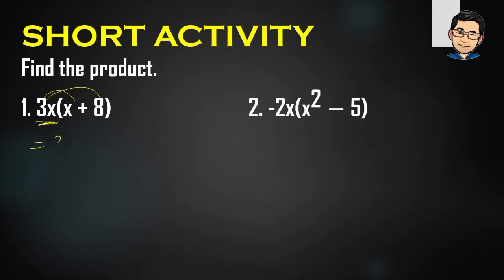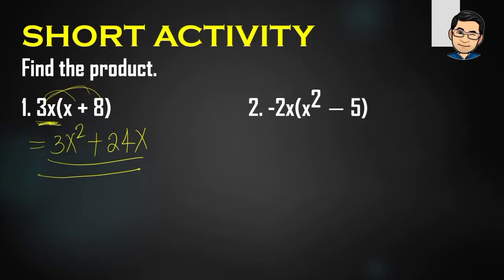That will become 3x squared. Paano naging 3x squared? Apply product rule using law of exponent. Sa law of exponent po kasi, ang product rule, ina-add yung exponent. And then, 3x times 8, that is 24x. Ito yung product na sinasabi ko.